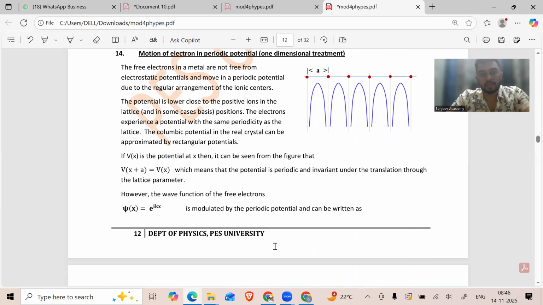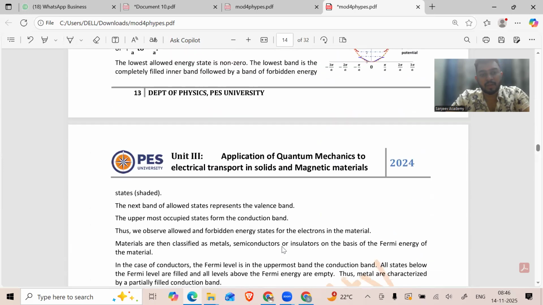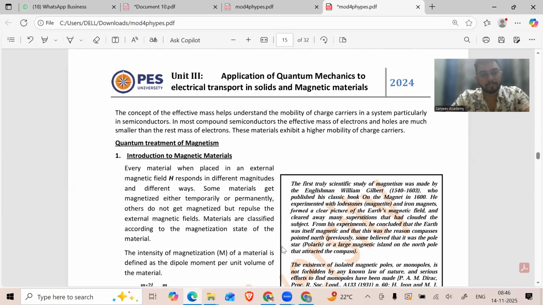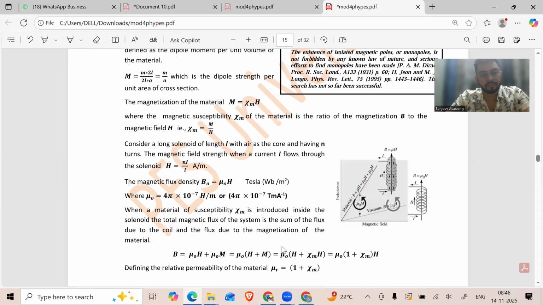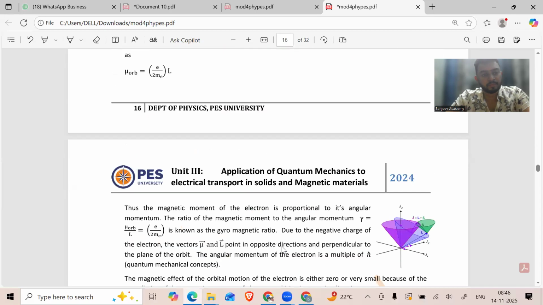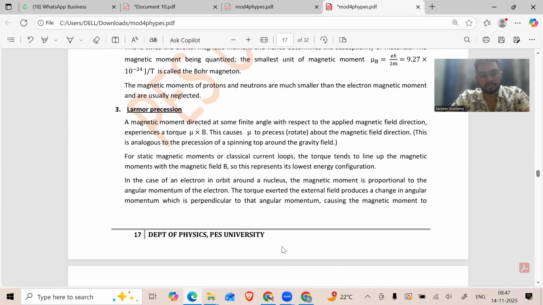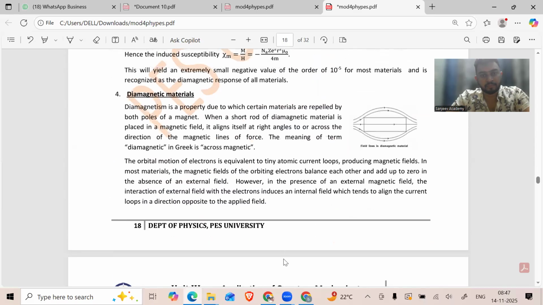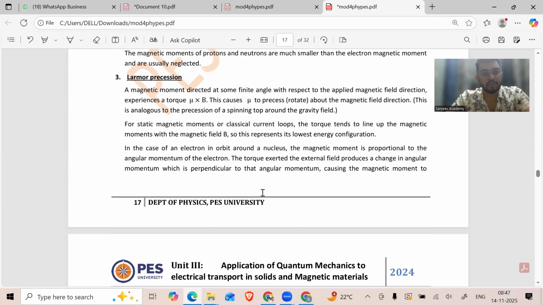I'll just go to, I think, whether it is paramagnetic or diamagnetic, let me check. Diamagnetic means all electrons are paired. Paramagnetic, unpaired electrons. I think all of you know it.